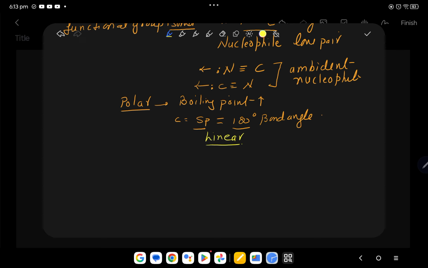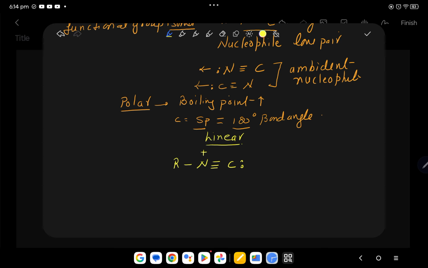And the isocyanides are linear also, and they are able to isomerize also, because they can show different resonating structures. So I am representing those resonating structures. You can easily observe that one pair of electrons is here, and this is positively charged.